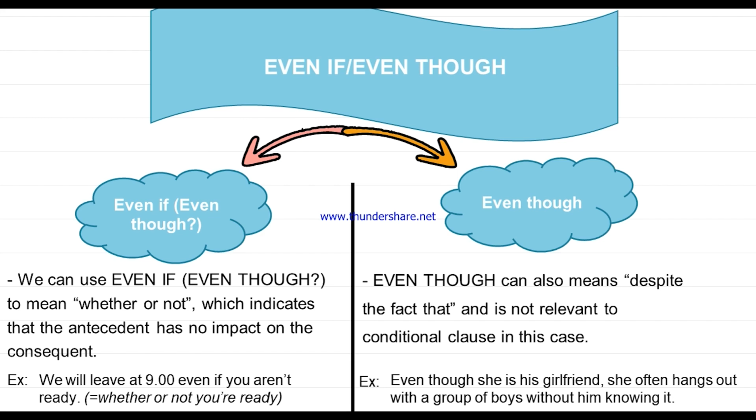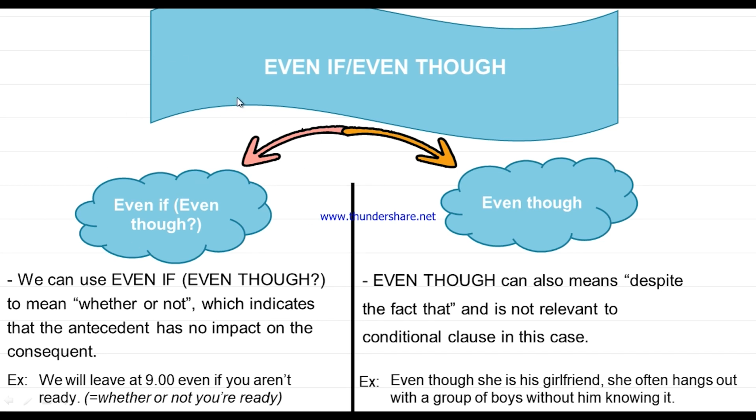Because English is rather confusing. In the Practical English Grammar 4th edition, it is suggested that even though shares the same use and meaning with even if. An Oxford Learner's Dictionary also backs this argument up with its definition. However, the Cambridge Dictionary shows that even if and even though are different from one another.